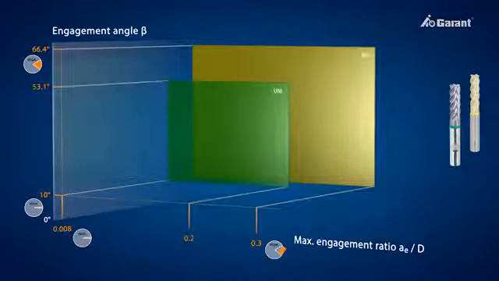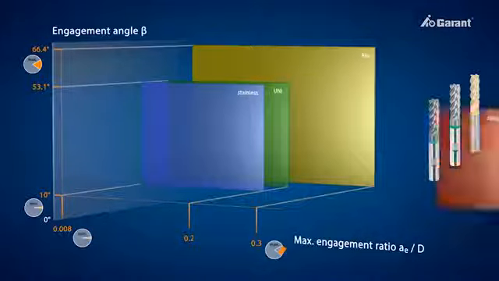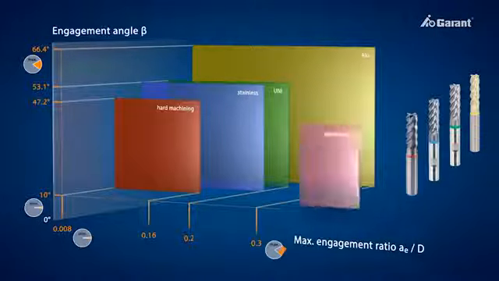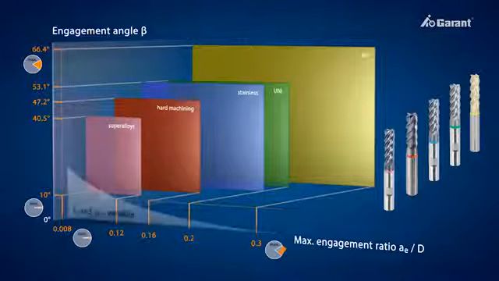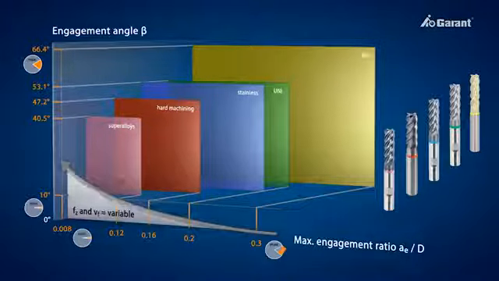Other ranges apply to uni, stainless, hard machining and superalloys, for which the optimum range lies between 10 degrees and 40.5 degrees. That corresponds to an engagement ratio of 0.008 to 0.12. To keep the average chip thickness constant, as the engagement ratio becomes less, we have to increase Vf.